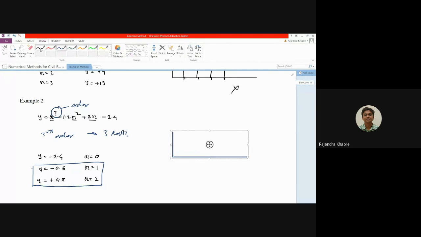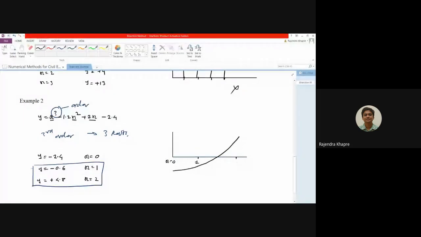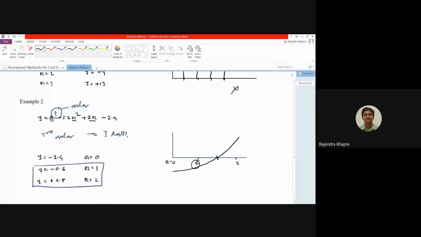Okay, so if you plot a curve, what you are going to get is like this. You will have a point where the value of y is negative and it is going like this. This will be x equals 0, this will be x equals 1 and this will be x equals 2. So now you know that the root of this equation lies between 1 and 2.